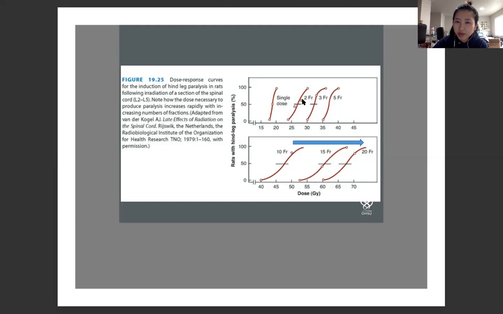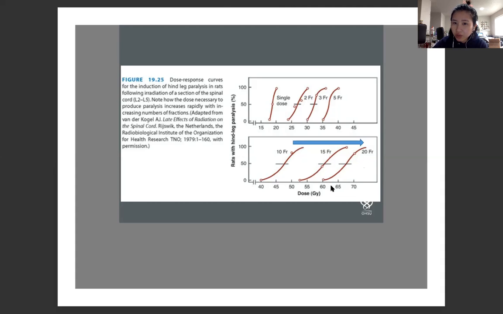This is for 2 fractions, 3 fractions, 5 fractions. So it slightly improves if we give them radiation through fractions rather than a single dose, as you can see here. And those are way bigger, for 10 fractions, 15 fractions, 20 fractions. Look at it.